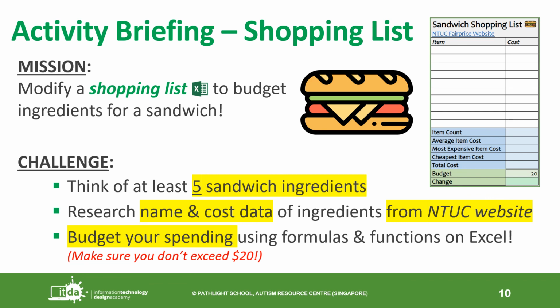The challenge here is you will need to think of at least 5 sandwich ingredients, and find these ingredients from the NTUC website, which we will provide on Excel. You need to enter the name and the cost of them, and you will need to budget your spending such that it doesn't exceed $20, which is the budget you're given. To do this activity, watch the next demonstration video, and that will allow you to get a good start on it.